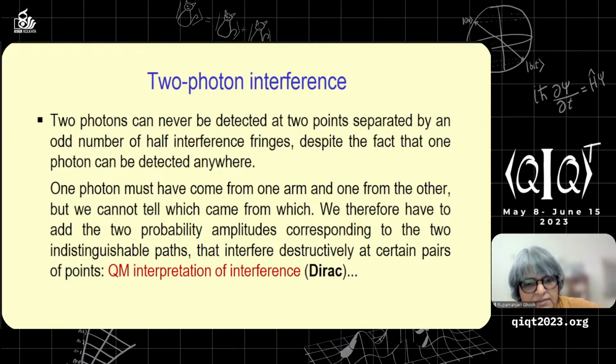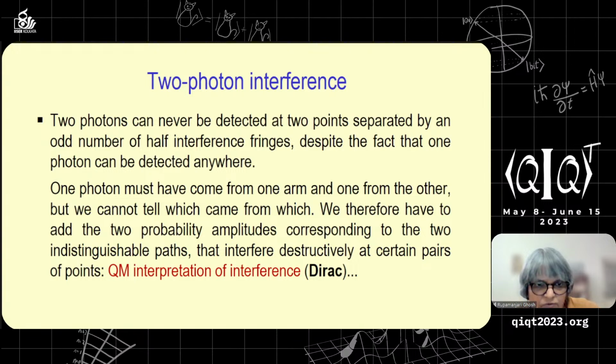So what I predicted in theory was that two photons can never be detected at 2 points separated by a certain value, which is an odd number of half interference fringes, despite the fact that one photon can be detected anywhere. So again, you use the quantum mechanical interpretation of interference by Dirac.